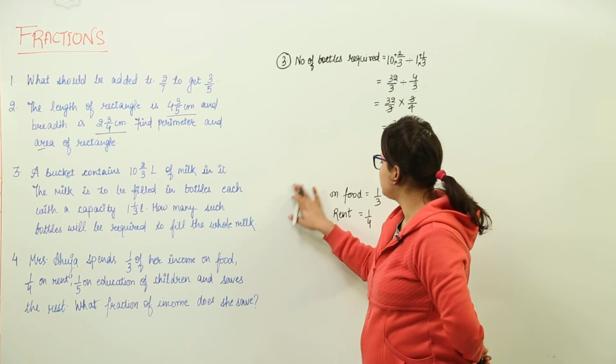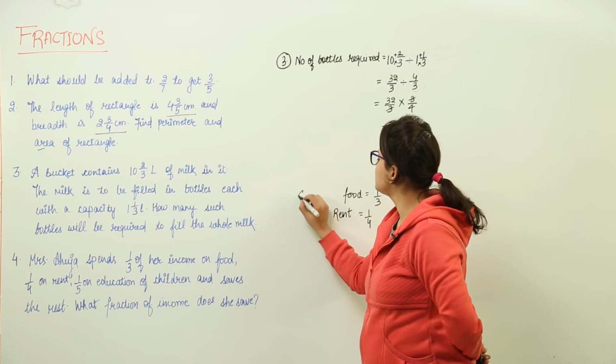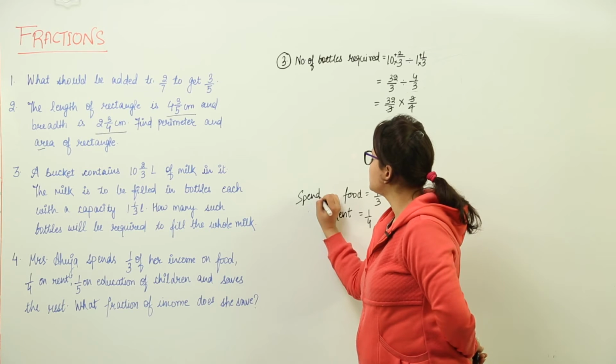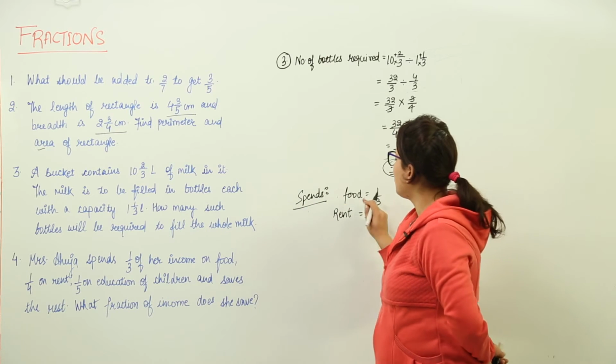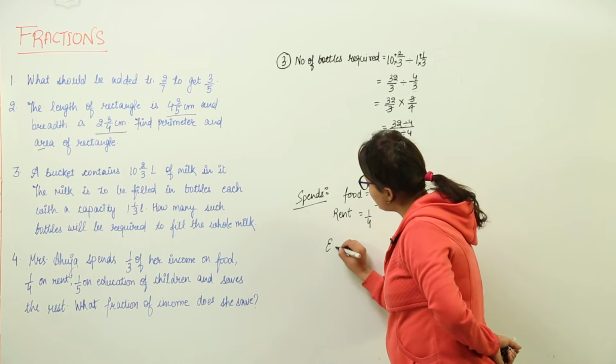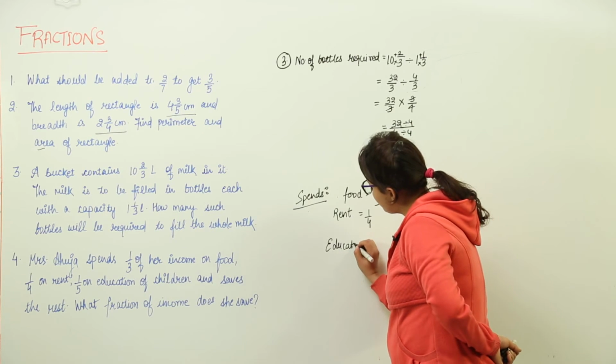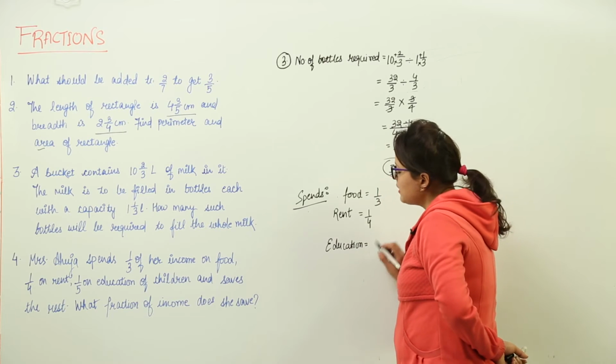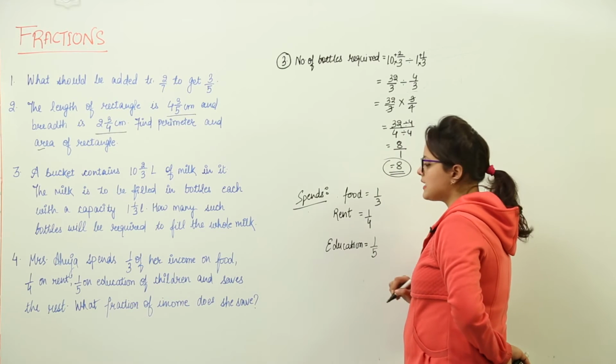So I will write simply the expenditures. On food she has spent 1 by 3, on rent she has spent 1 by 4, and on education of her children she is spending 1/5 of her salary.